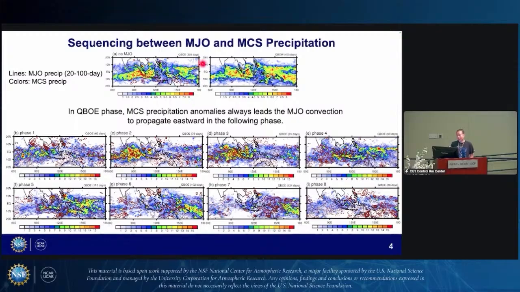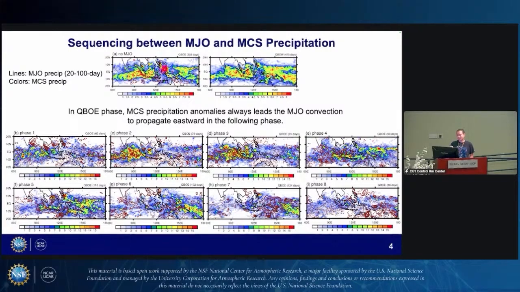So the top two panels are showing you a composite for the days where the MJO is inactive, that is when the RMM index amplitude is below 1.0. In the QBO east years, if you look at the shadings here, you'll find much increased MCS activity or precipitation west of the Maritime Continent.